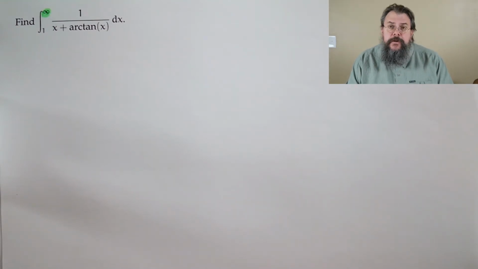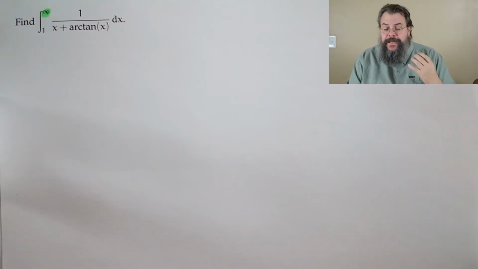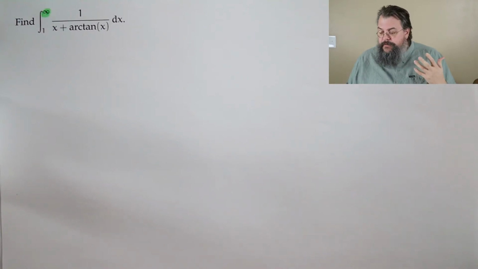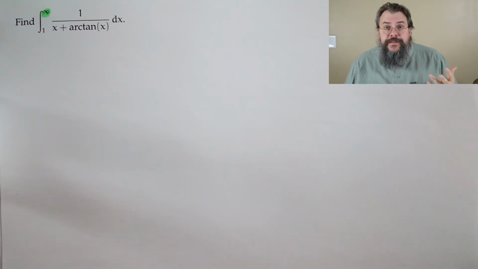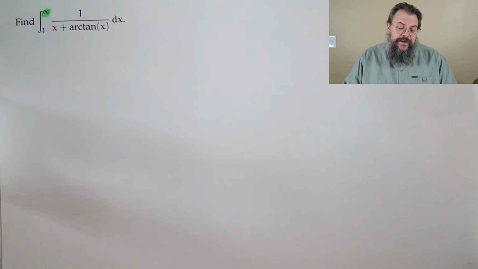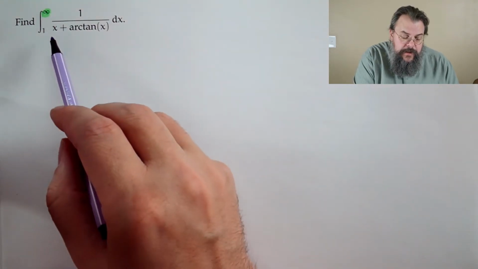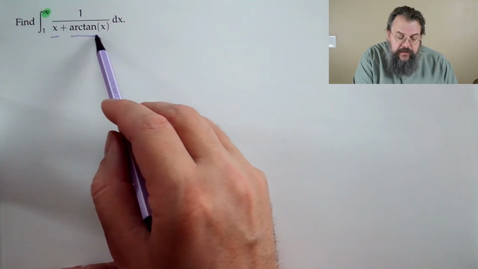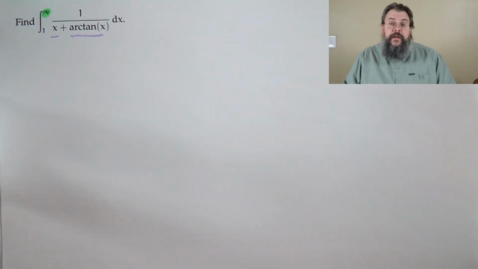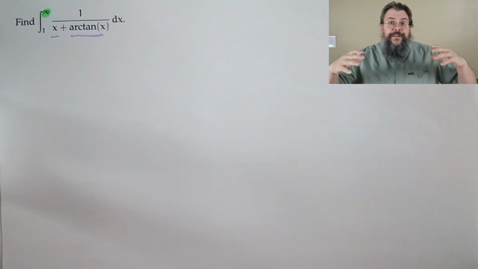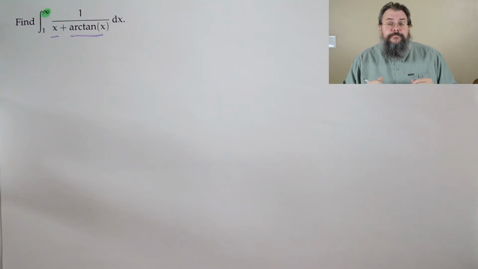So, what to do? Well, let's think about how this is behaving. And if we can get a handle on how it's behaving, that'll pretty much say everything to us. So, look at these two pieces, x and arctangent of x. As we get large, which one matters?